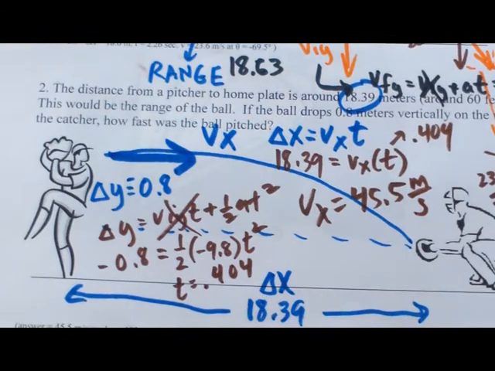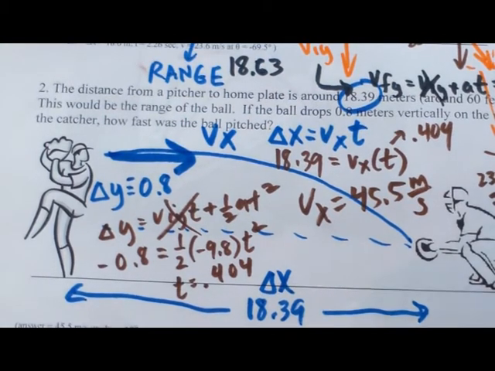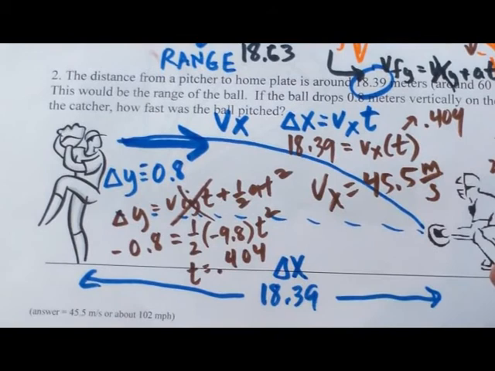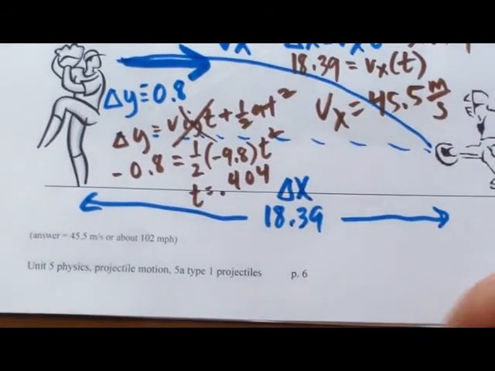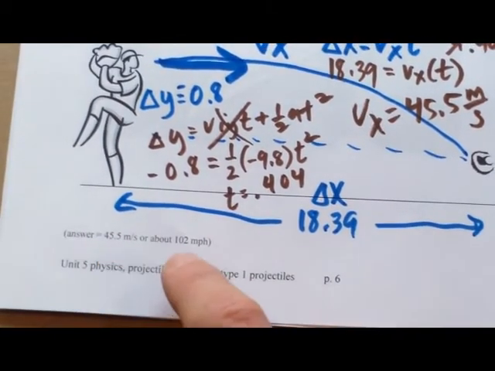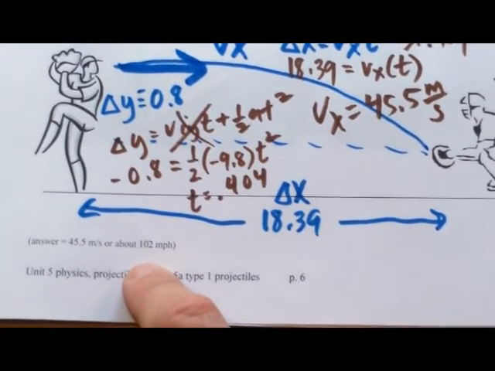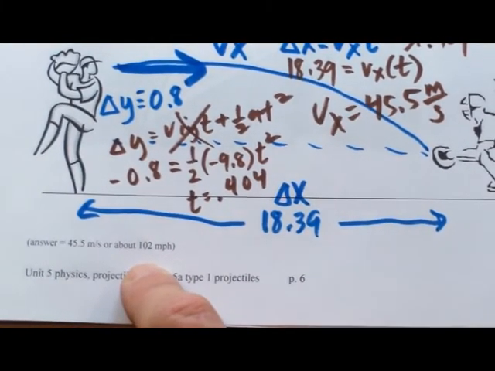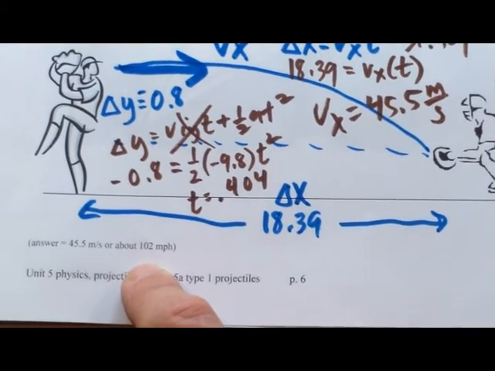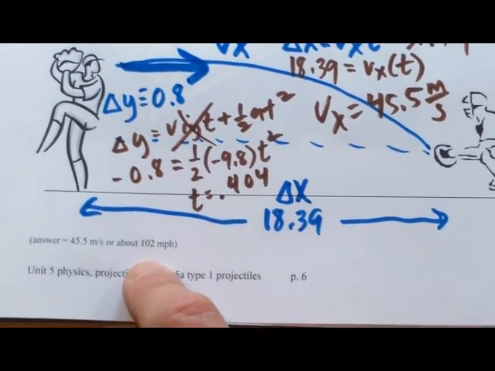Now, in baseball, we typically measure speeds in terms of miles per hour for a pitcher, right? Well, that 45.5 meters per second, using conversions, is about 102 miles per hour, all right? That'd be pretty good for Major League, wouldn't it?